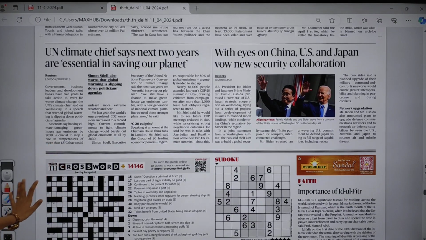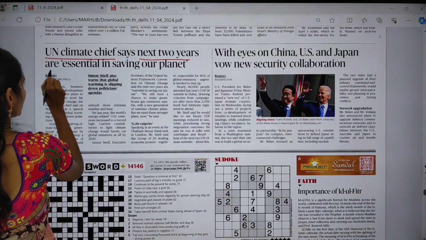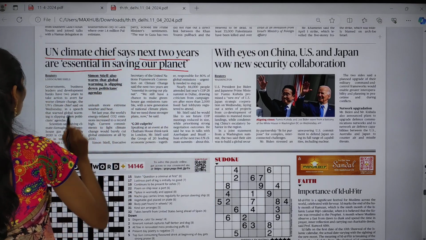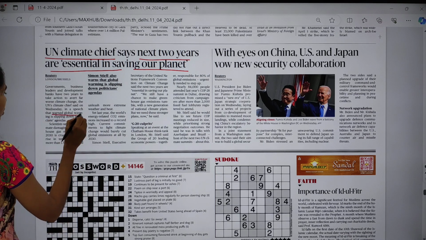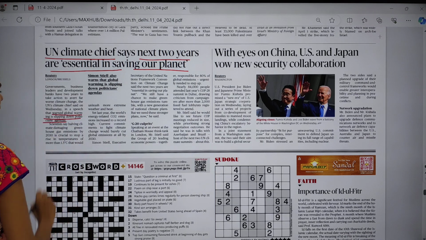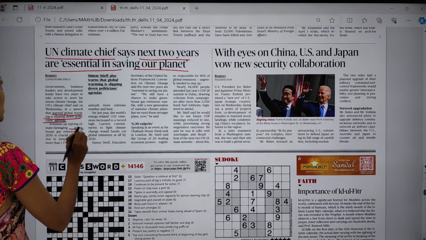And here you can see one United Nations climate change report. UN climate chief says the next 2 years are essential in saving our planet. The next 2 years are very important because there is a warning that global warming is slipping down political agendas. But what happened is that global warming is increasing and there is no cut in greenhouse emissions.